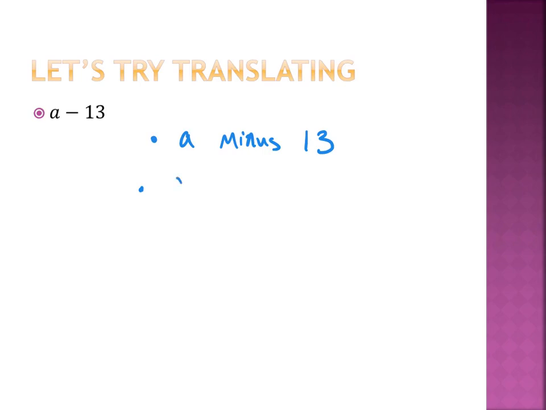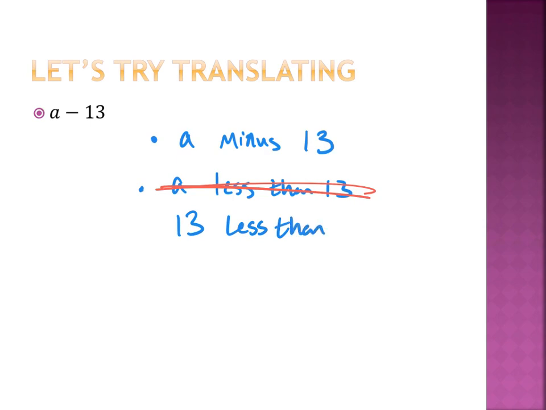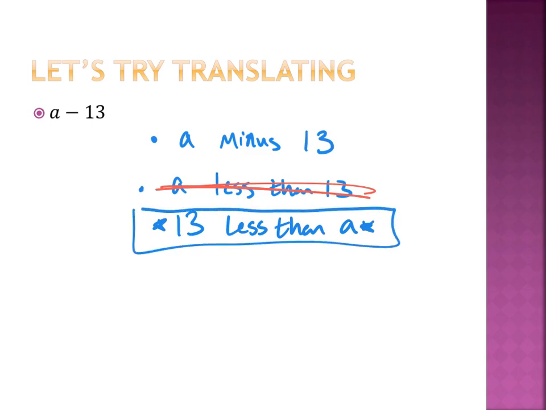Say it again. You just said A less than 13. Guess what? Don't write that down because that is incorrect. You've got to switch it. It would be 13 less than A. All right? Always got to be careful with that one.